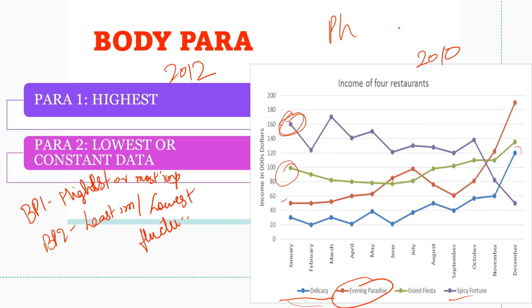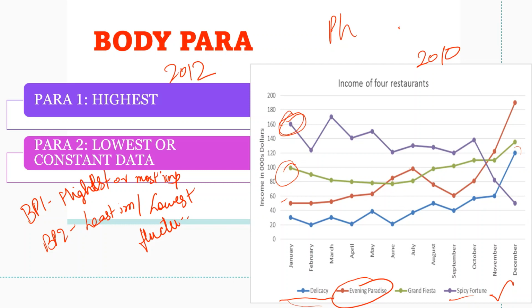So if we are taking spicy fortune, then in both the charts you must write in a single line in a complex way about spicy fortune. So in 2010 how it was, whereas in 2012 how it changed, or how it went up or went down, something like that. So you must compare. It's better to avoid writing in body paragraph 1 about 2010 and in body paragraph 2 about 2012.